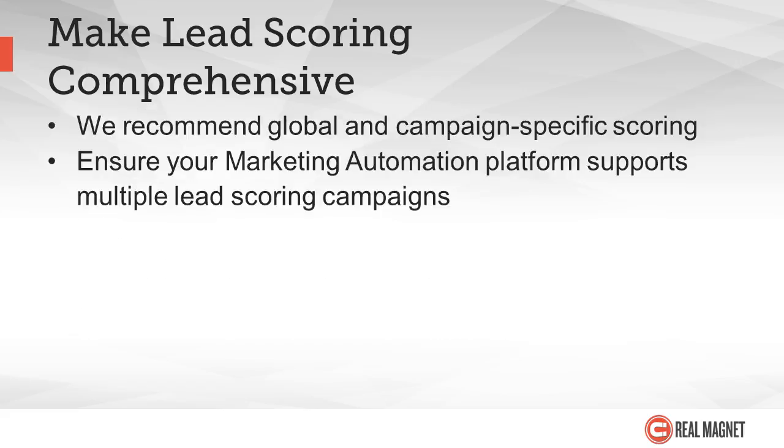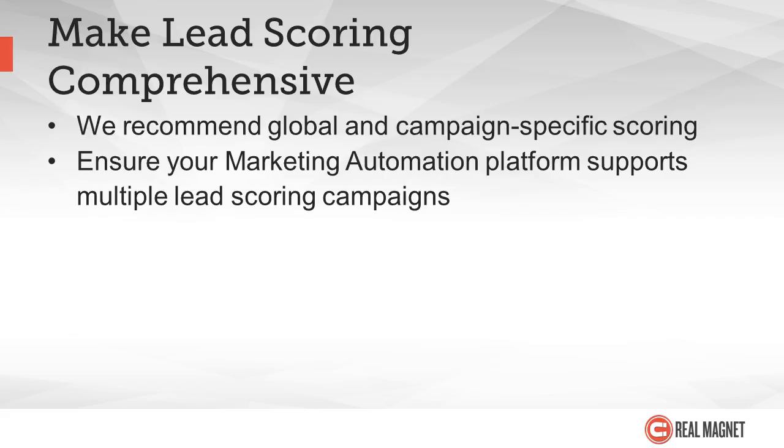So when we advise our customers on lead scoring campaigns, we recommend that they take a multiple campaign approach. When they first start, we tell them it's a good idea to just do a global lead scoring campaign. Just turn on a lead scoring campaign, and for all of time, just score people on all the different interactions. You can have that ongoing throughout time.